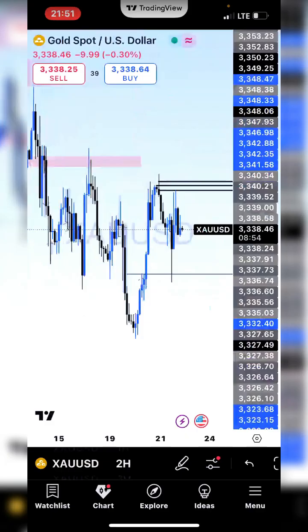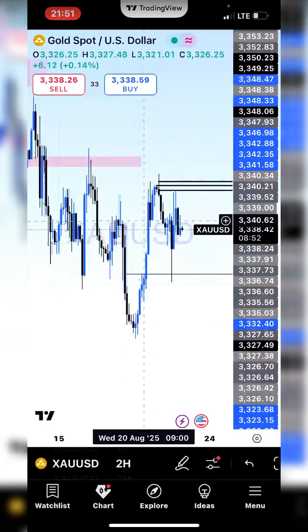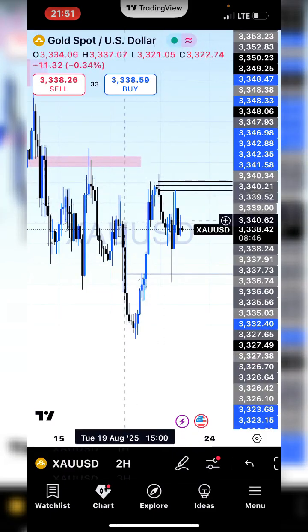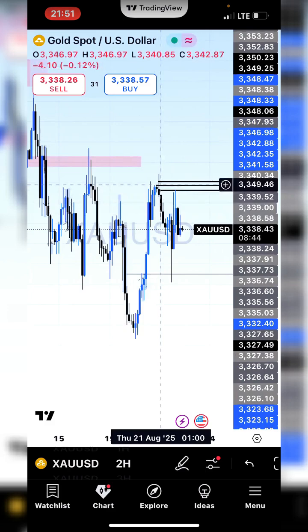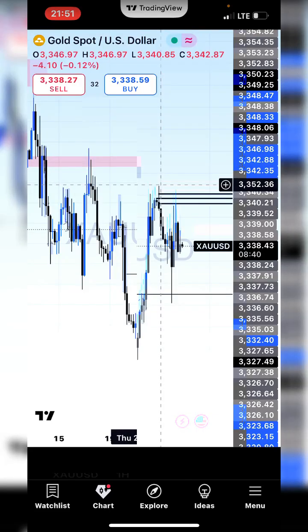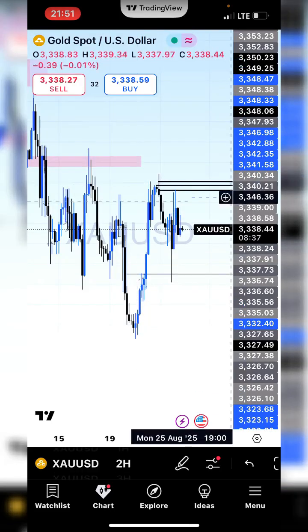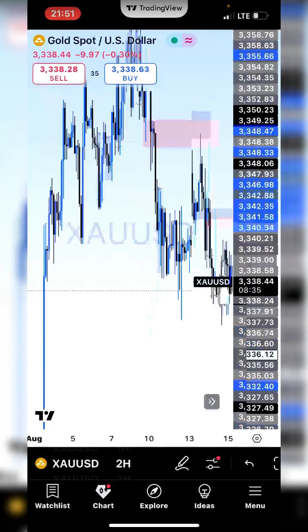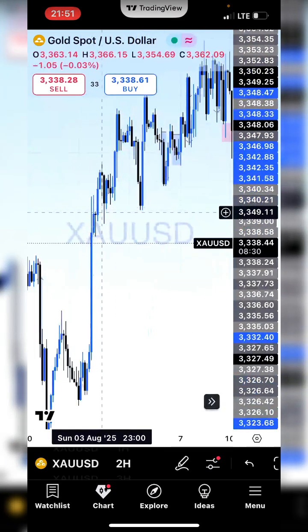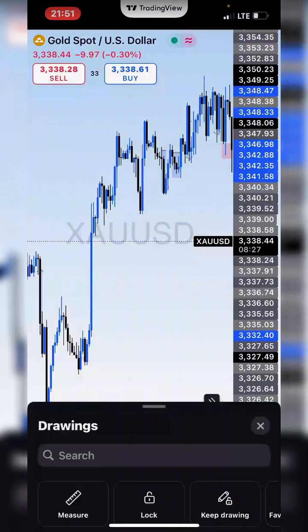You can see break and retest here that caused this short term buy. Take note, like I said, I mostly use this on higher time frame. This short buy is a trend on 15 minutes or 5 minutes. So I mostly use this for analysis. You see them everywhere. This is the easiest of all these structures. See another one here. Break and retest that caused this whole buy move.